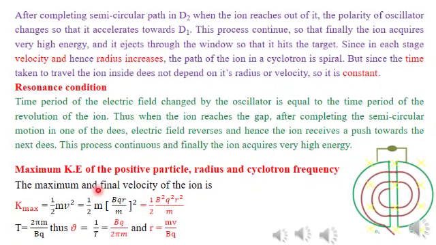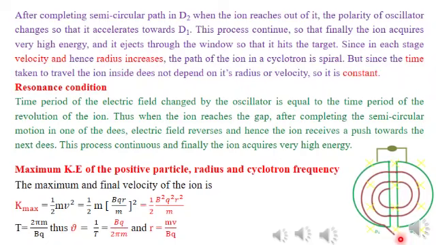After completing semicircular path in D2, when the ion reaches out of it, the polarity of oscillator changes so that it accelerates towards D1. This process continues so that finally the ion acquires very high energy and it ejects through the window so that it hits on the target.